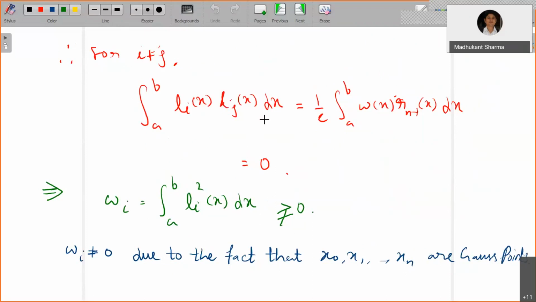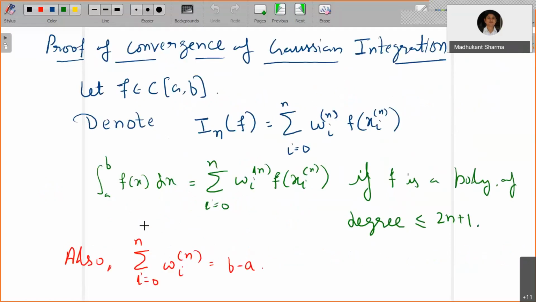It is only true for Gauss points, because of the fact that w of x is orthogonal to polynomials of degree less than or equal to n. So we have established our first claim that all the weights in the Gaussian quadrature are strictly greater than 0.